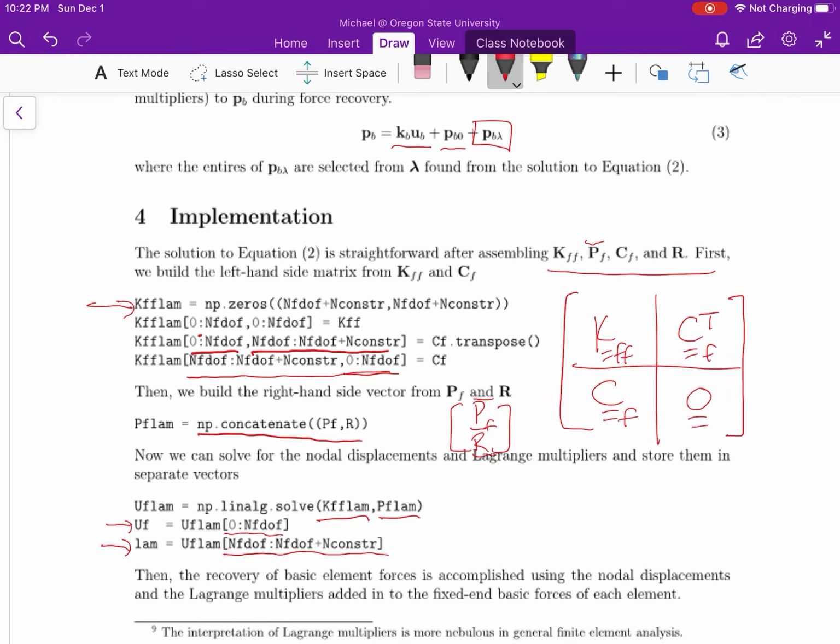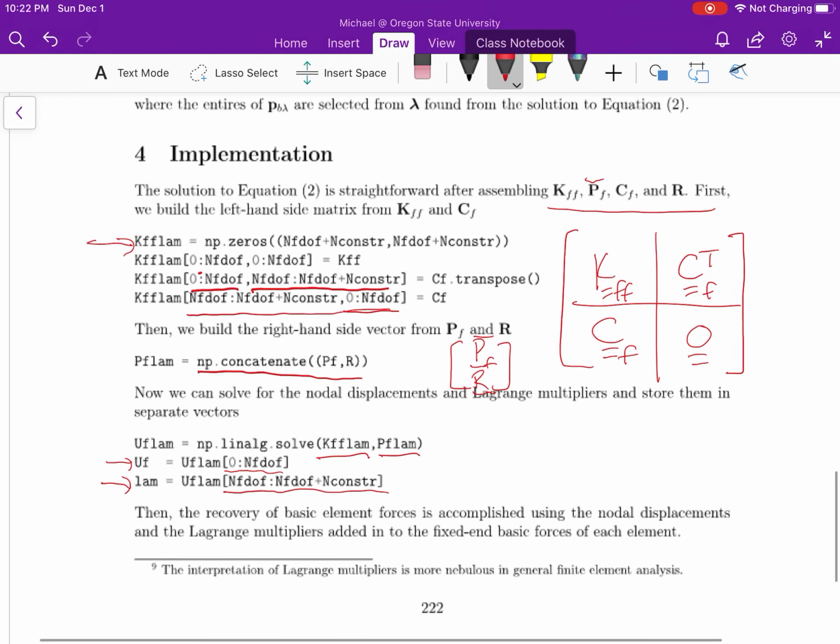Then we can recover our basic element forces, as we'll show in an example. I just wanted to give a brief overview of how these equations are formed and solved at the structural level. Okay, thank you.